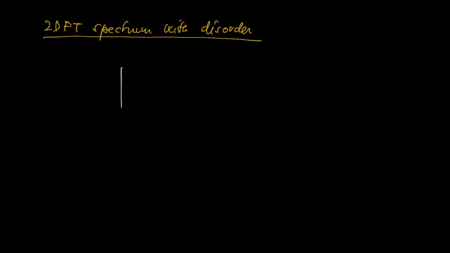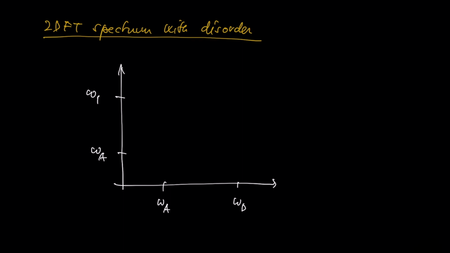Okay, so let's consider again a donor-acceptor dimer. We have two molecular entities with transition frequencies omega D and omega A, and let's assume these molecules to be non-interacting. Let's have a look for a start at the spectrum at tau equals 0, so no cross peaks.